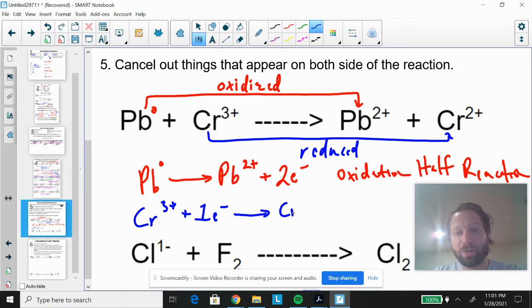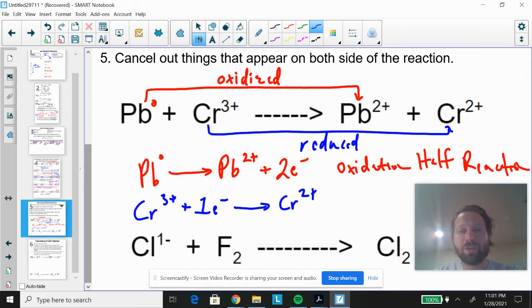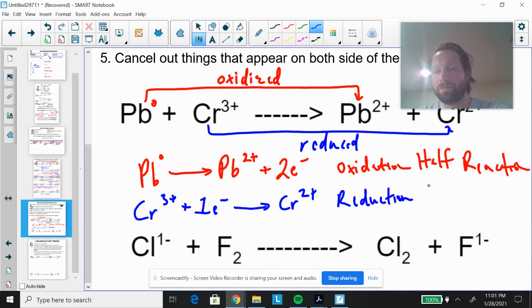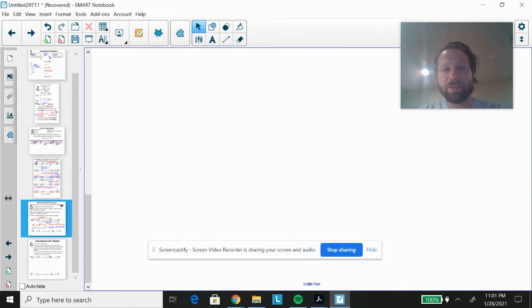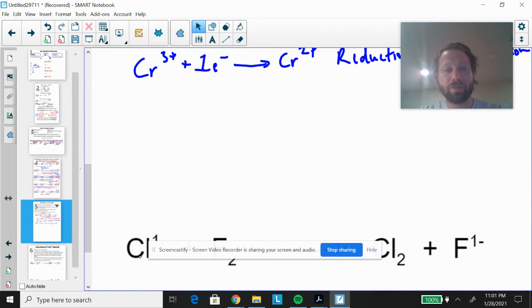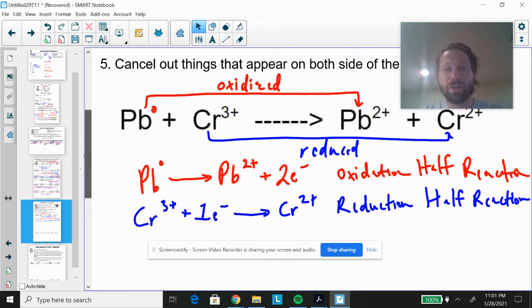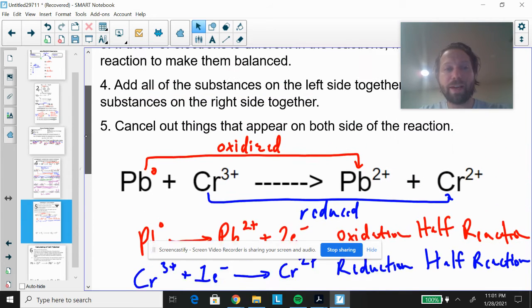And then it's going to be chromium 2+. This is the reduction half reaction. Now, I'm going to move this down just so I can have more space. All right. So I've now written the 2 half reactions.